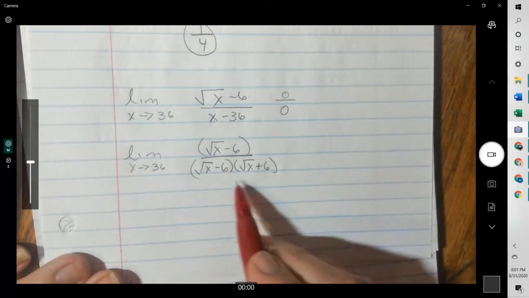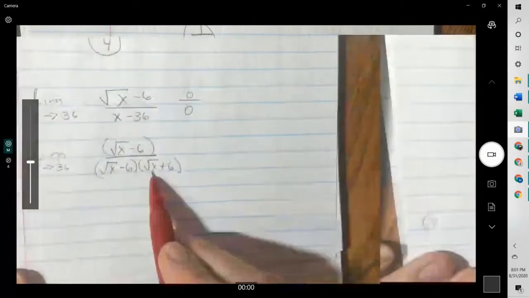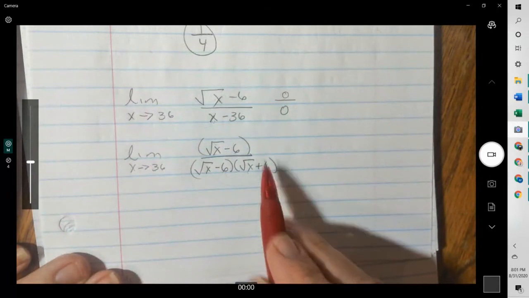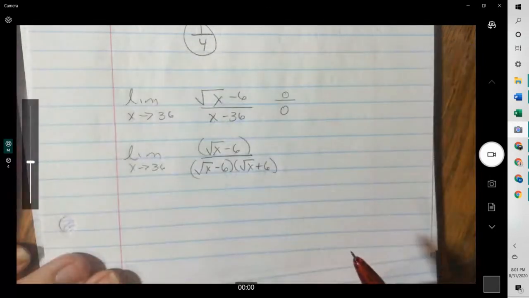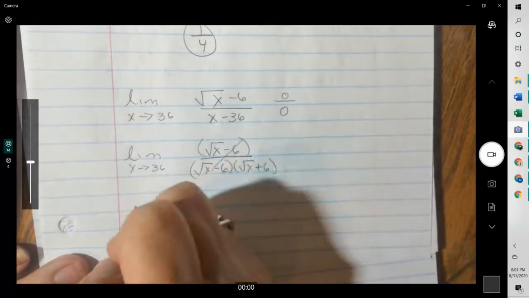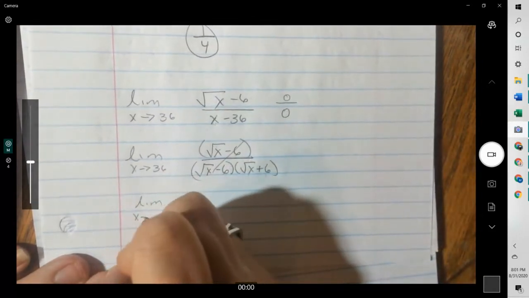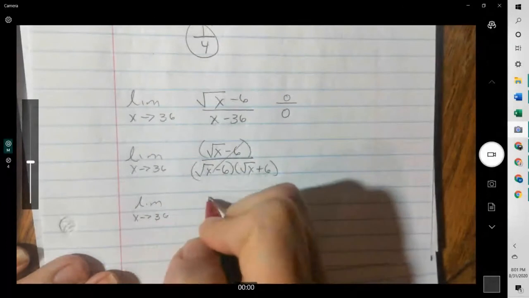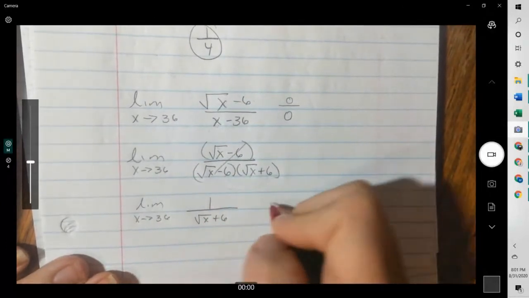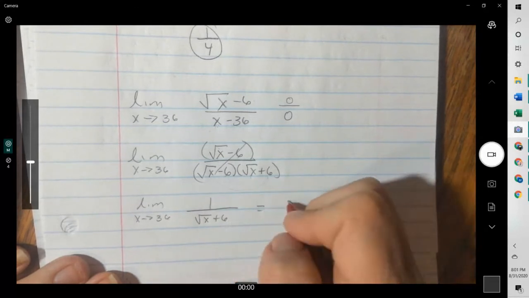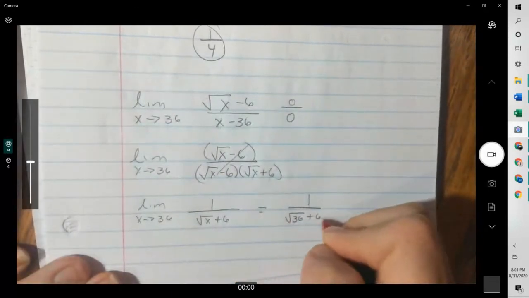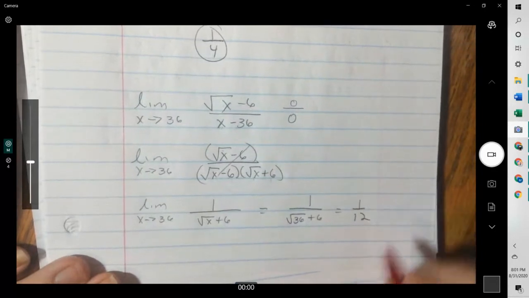And a positive 6 square root of x and a negative 6 square root of x, they cancel. And then negative 6 times 6 is negative 36. And then these cancel and leave the limit as x approaches 36 of 1 over the square root of x plus 6. Plug in your 36, and we get 1/12.